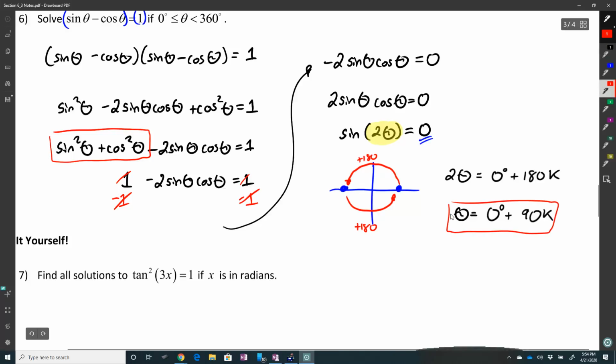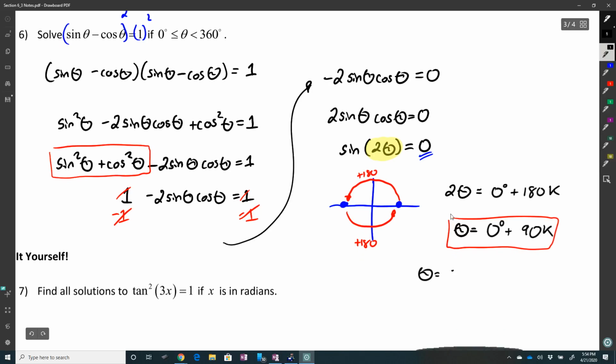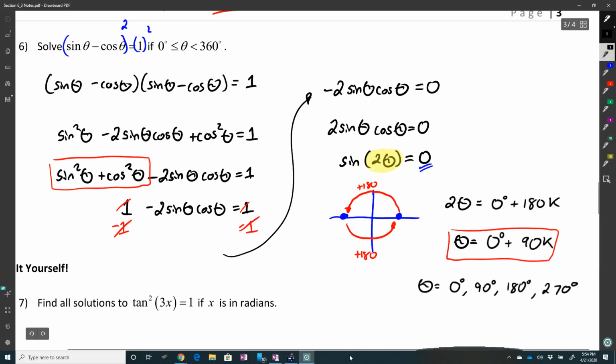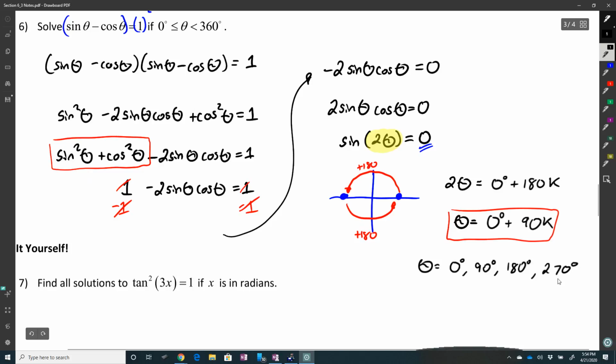So if we're looking for answers within one rotation, the solutions would be 0 degrees, 90 degrees, 180 degrees, and 270 degrees. Remember, we don't include the 360. It's up to 360. So 0, 90, 180, 270.